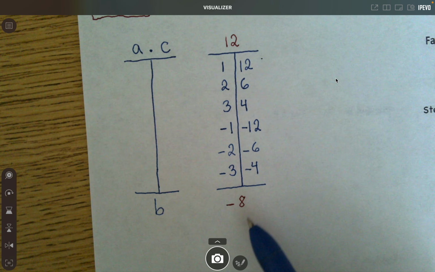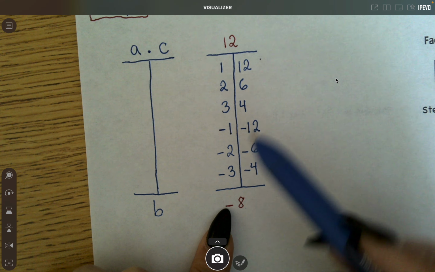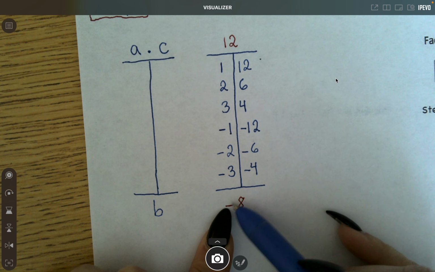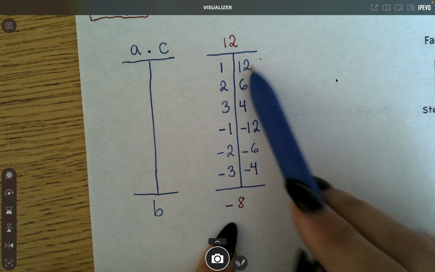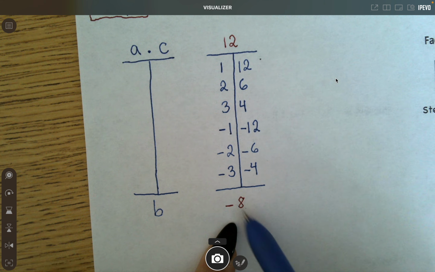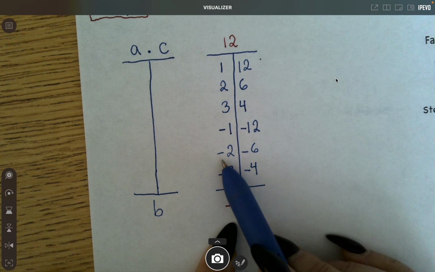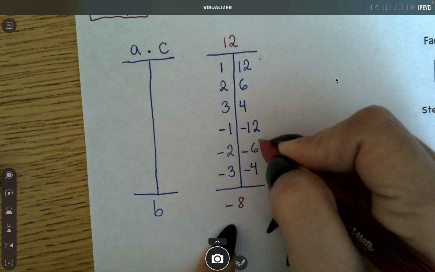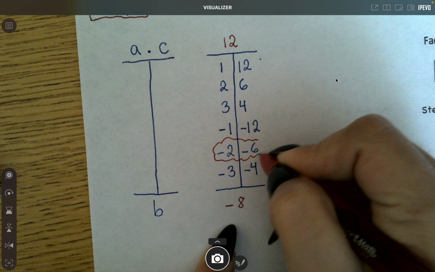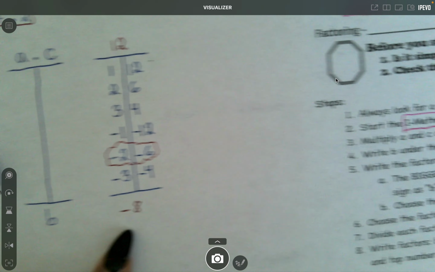Now here, you have to find the one that adds together and gives you -8. 1 and 12 is 13. 2 and 6 is 8, not -8. 3 and 4 is 7. -1 and -12 is -13. -2 and -6 is -8. So that's the one that we're looking for, right?